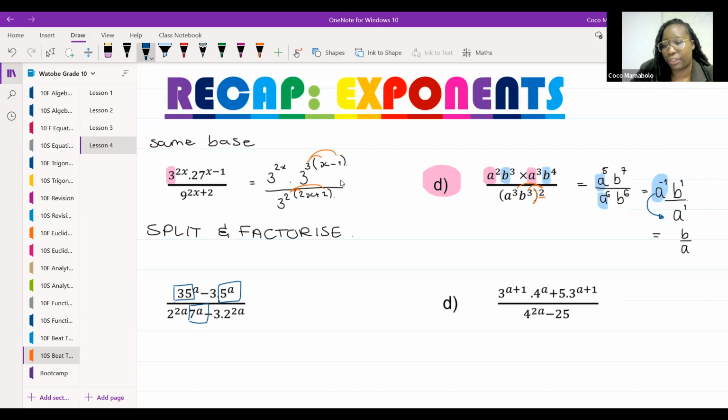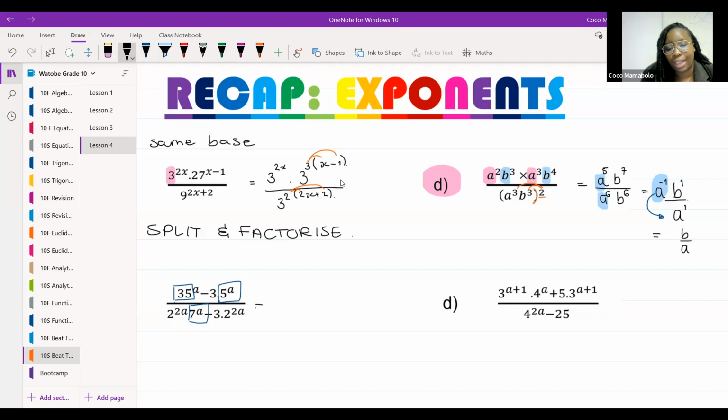How can we split 35, guys? Anybody? Somebody? That's it, Asbonge. Good, Gideon. We can take it and rewrite it as 5 times 7 to the power of A.